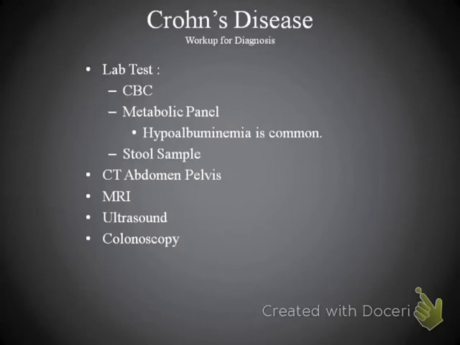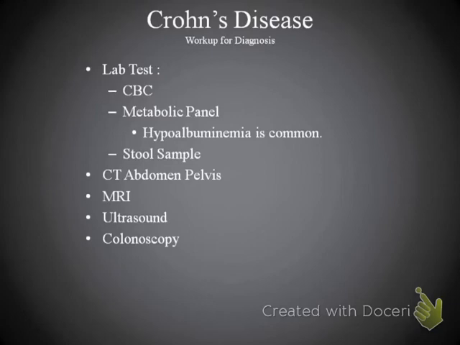The way that we actually find out if a patient has Crohn's disease first begins with lab tests. So there's a CBC and metabolic panel, and we look for hypoalbuminemia to be common. We also take a stool sample to see if there's blood in the stool. CT abdomen pelvis, MRI, ultrasound, and colonoscopy all have various advantages and disadvantages, and each can be employed to a certain degree.